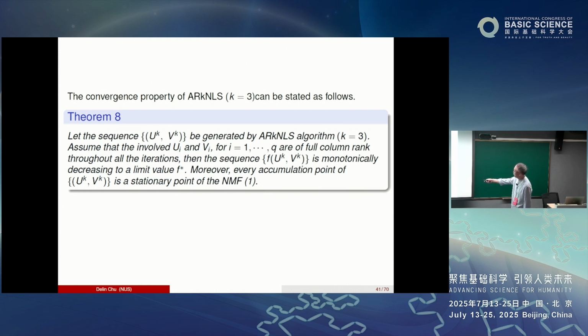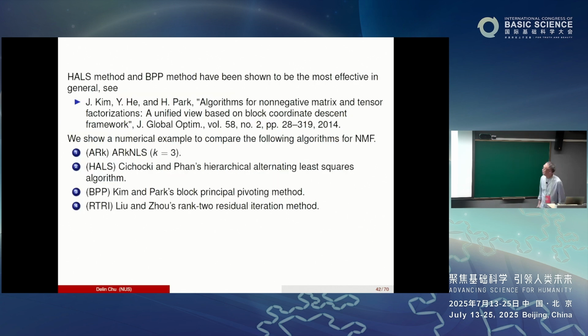Moreover, every accumulation point of (U_k, V_k) is a KKT point or stationary point of our non-negative matrix factorization problem. Similarly, we also have strong convergence results with a similar assumption. The proof is quite straightforward, so I only show the weak convergence result.